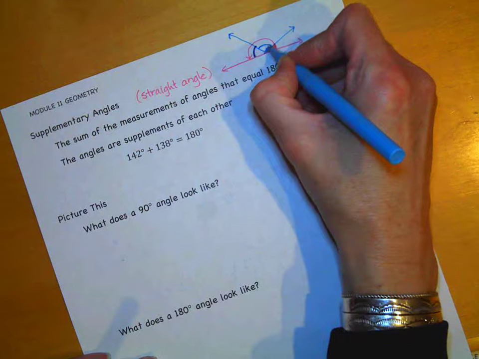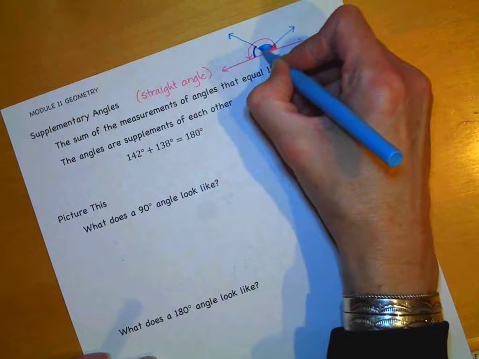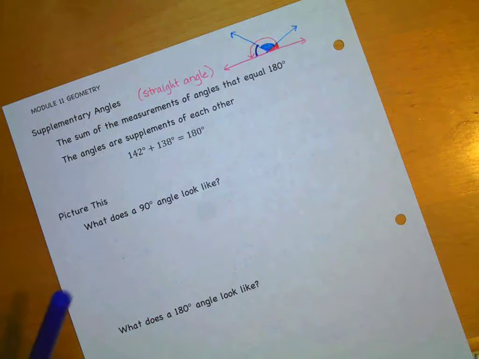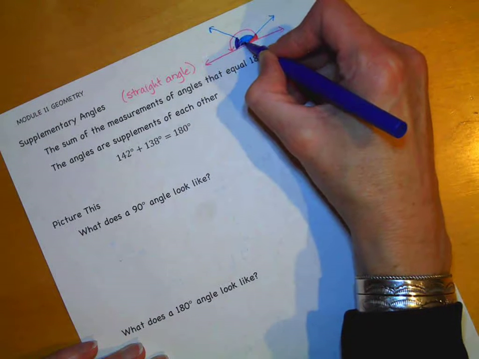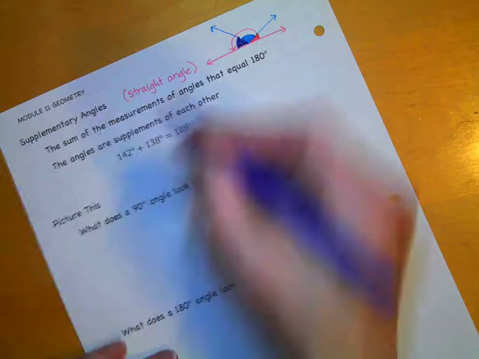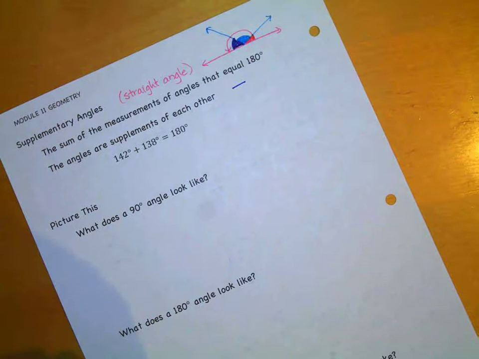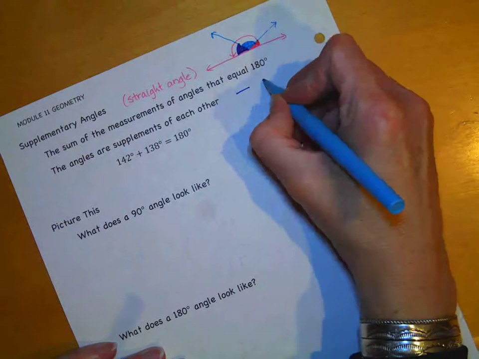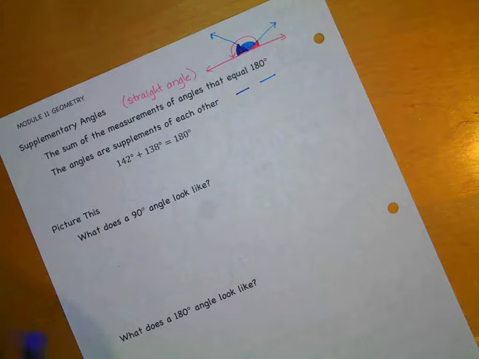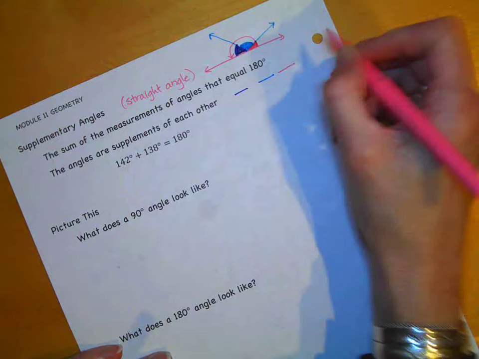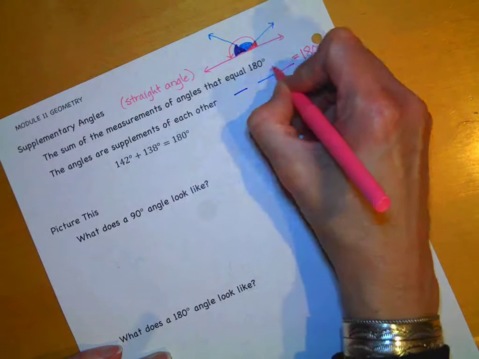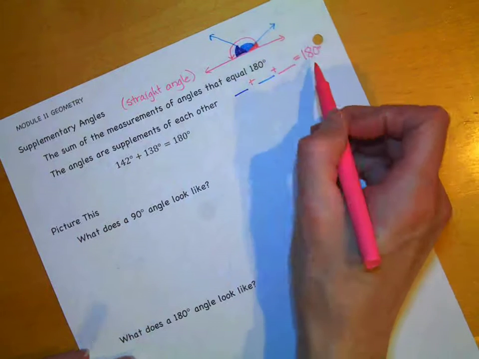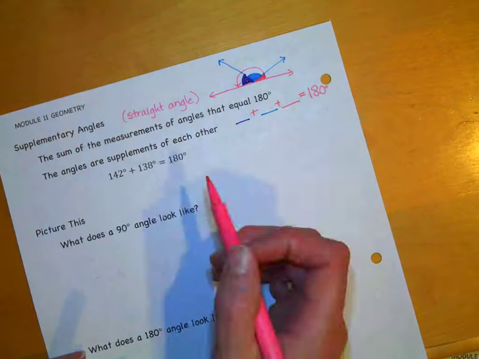We have this angle right here that we're talking about. Okay, and then we also have this angle right here that we're talking about. And all three of those angles added together, so it would be this one plus this one plus this one, and all of them added together equals 180. So you're adding all three of those angles together and it equals 180.